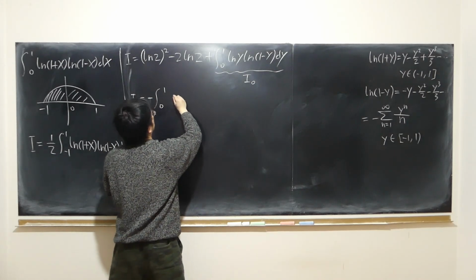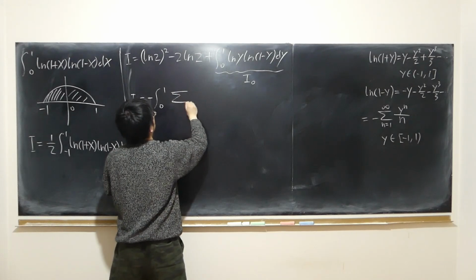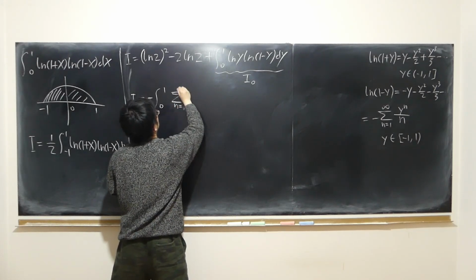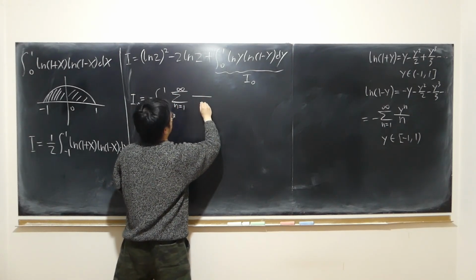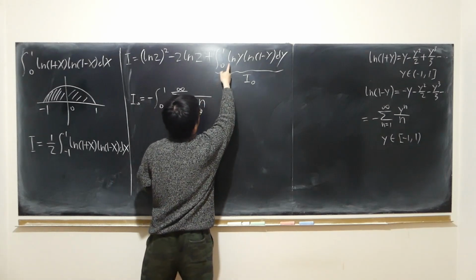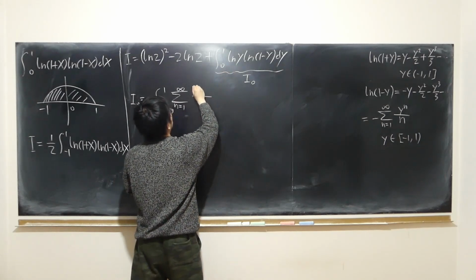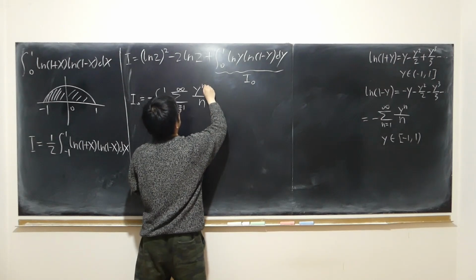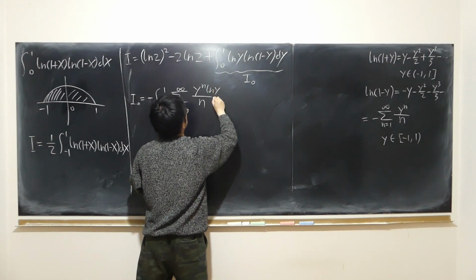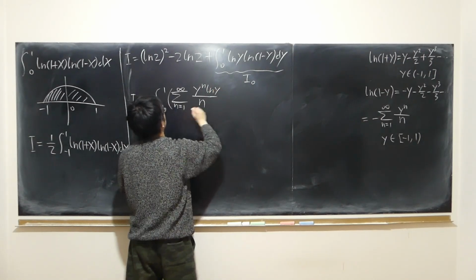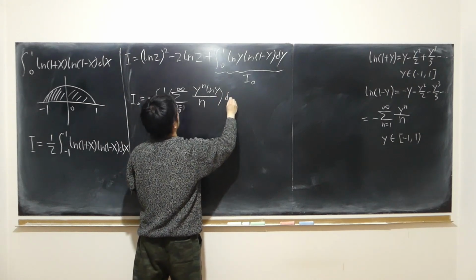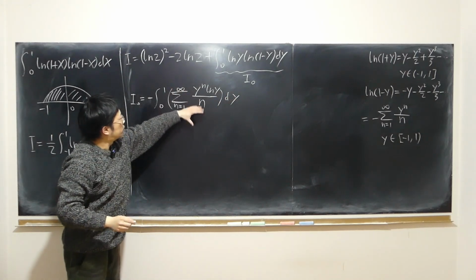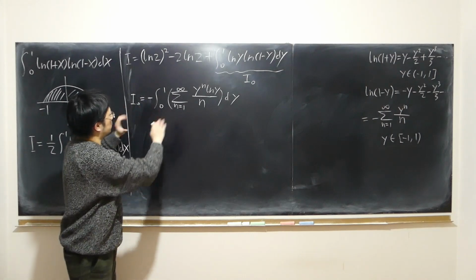So n goes from 1 to infinity. And like I said, multiply log y into it: y to the power of n times log y over n. Right, then we do the integral. First we do the sum, then we do the integral.